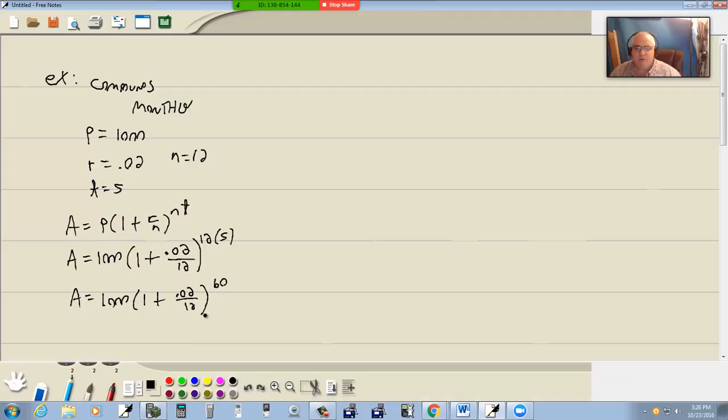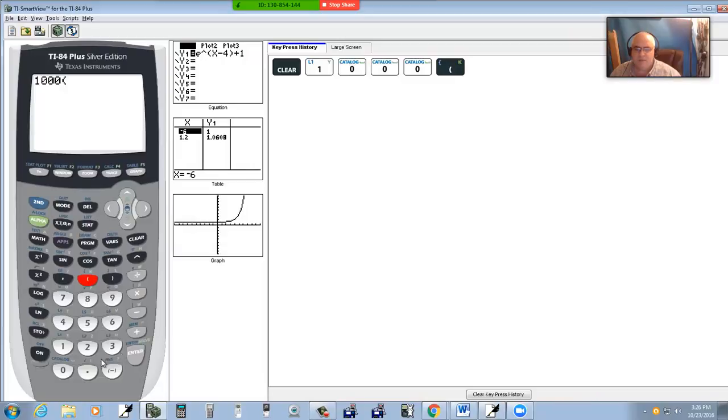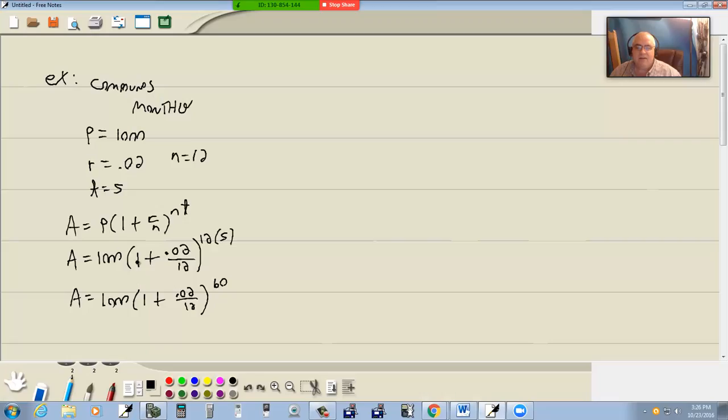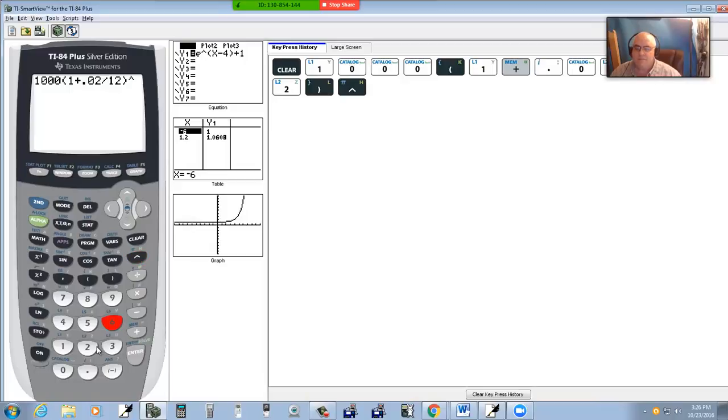Beginning parentheses. I'm pretty well just type in as you see it. 1 plus 0.02 divided by 12. Closing parentheses. Caret 60. And that means at the end of that time I'm going to have 1,105 and 8 cents, rounded to 2 decimal places.